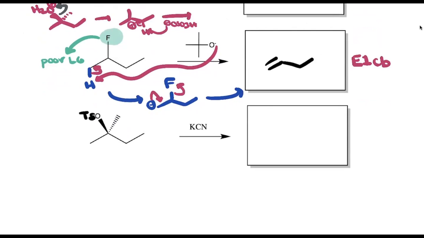Okay. Yeah, so OTs, you know that's a good leaving group, so you want to kick that off. So you form this carbocation, right? Afterwards, you would add in your nitrile.